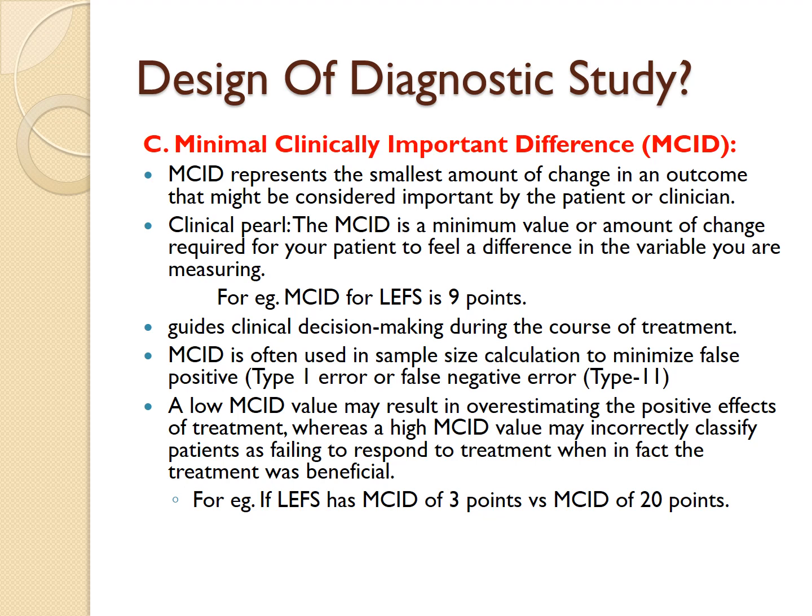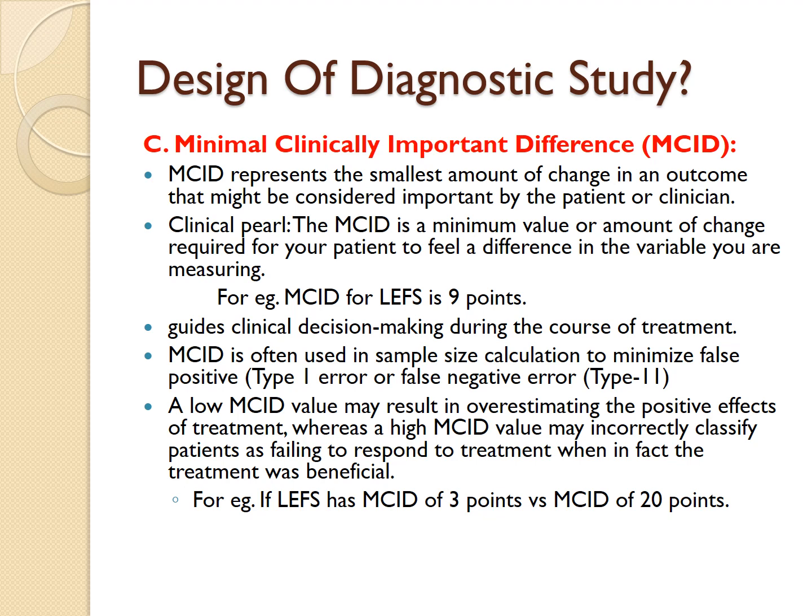So there's a 13-point increase in the score. The lower extremity functional index improved by 13 points, and it clearly passed the minimal clinically important difference, which is 9 points. So it helps to guide clinical decision making during the course of treatment.